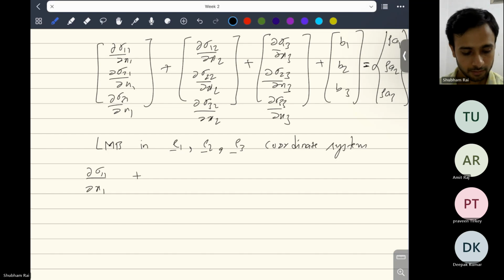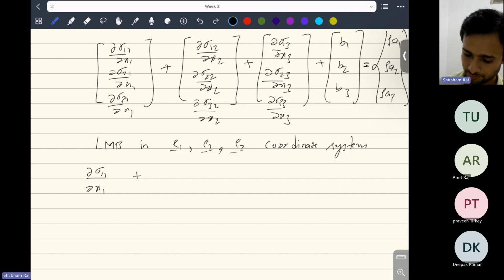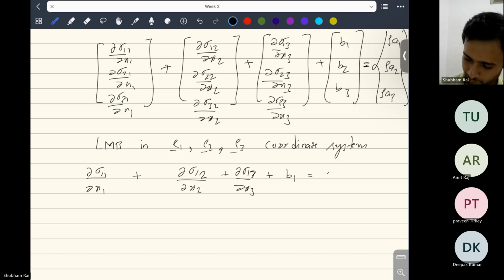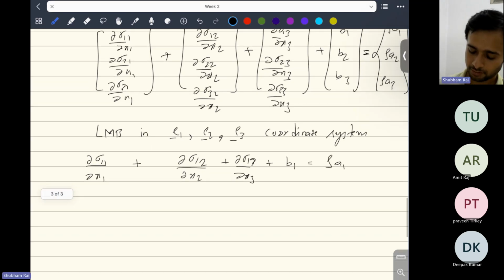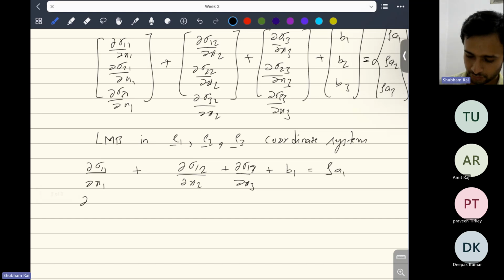So first equation will be del sigma 12 over del x2. I'm just writing the first row of this whole equation. Rho A1, right? And similarly, you can write second and third row. So instead of writing sigma 21, I'm writing tau 21 because we represent shear stress with tau. So tau 21 over del x1. I mean, here also I'll have to replace.